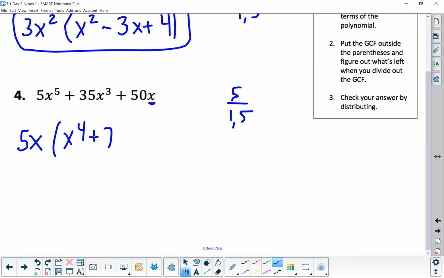I had x to the 3rd. I factored out an x. I'm left with x to the 2nd. 50 divided by 5, 10. And I factored the x out.